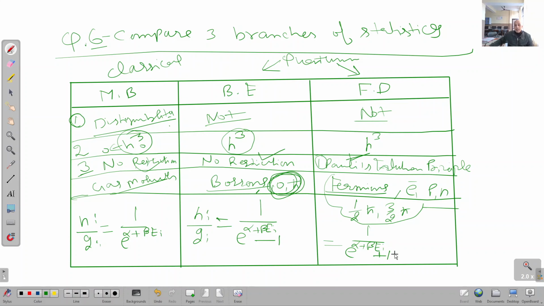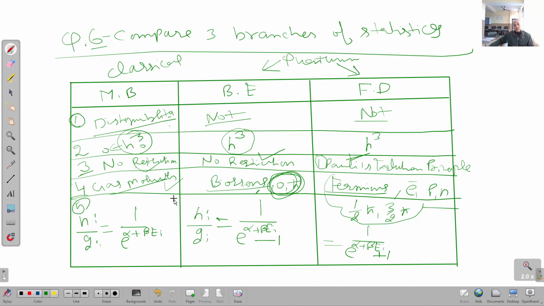So these are some important points mentioned in this table. I made a comparison of 5 points, 4 and 5. You have to compare the three types of statistics on this basis. This is the best way to compare them: which type of particles fall in which category, the volume of the phase space cell, the restriction on the number of particles entering a particular cell, which type of particles these are, like gas molecules, bosons, fermions, and the occupation index, right?